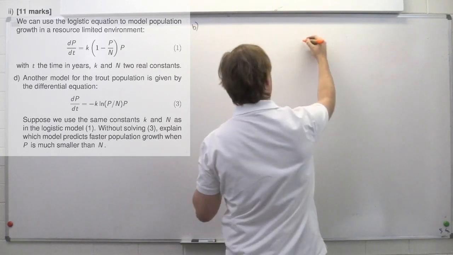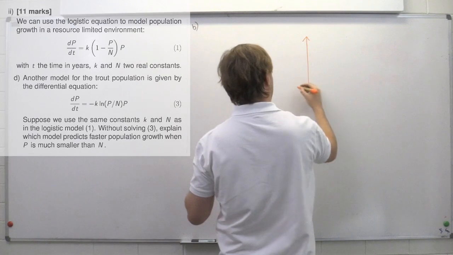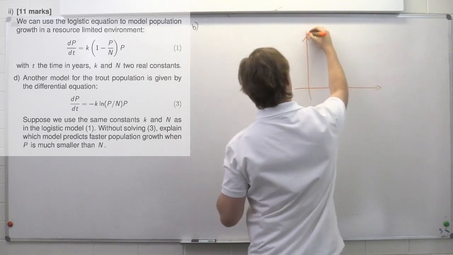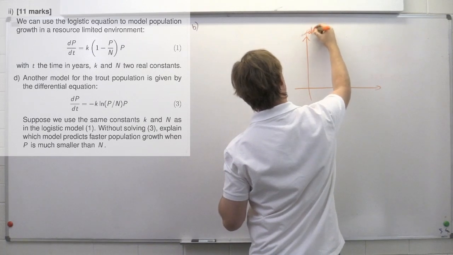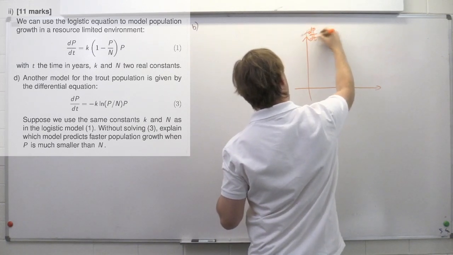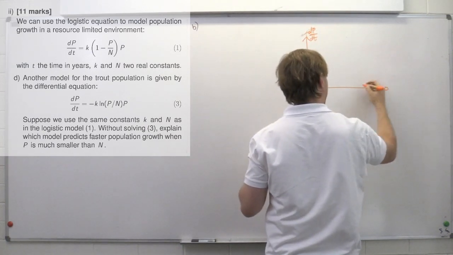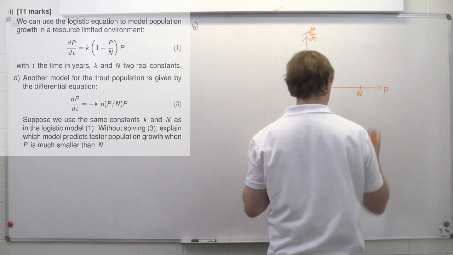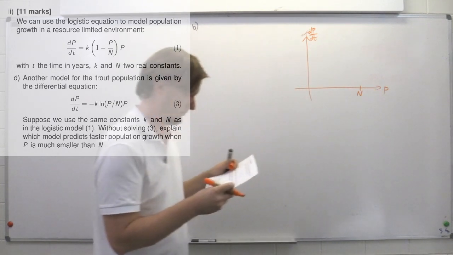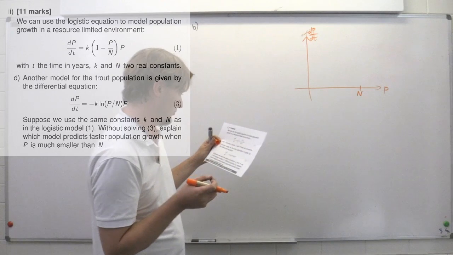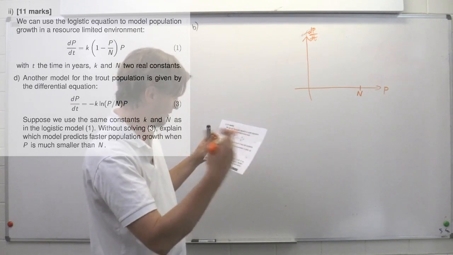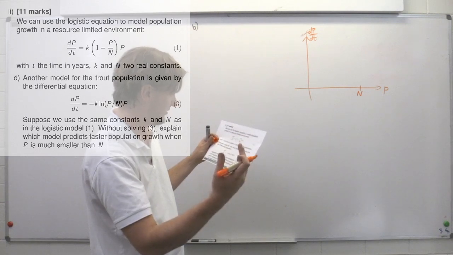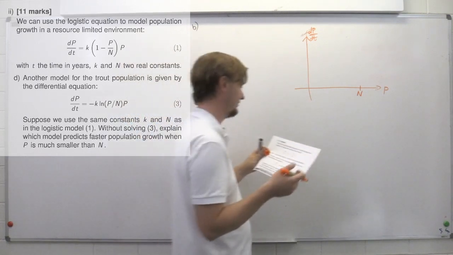Let's see how this goes. So I want to look at dp dt on this axis, and I'm looking at p on this, and I know something special is happening when p equals n. So when p is greater than n, well, the log of a number greater than 1 is positive, so it will be negative there.